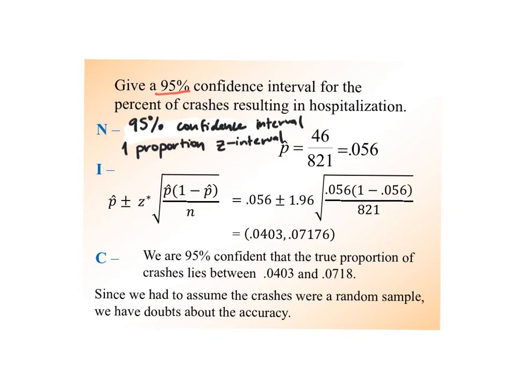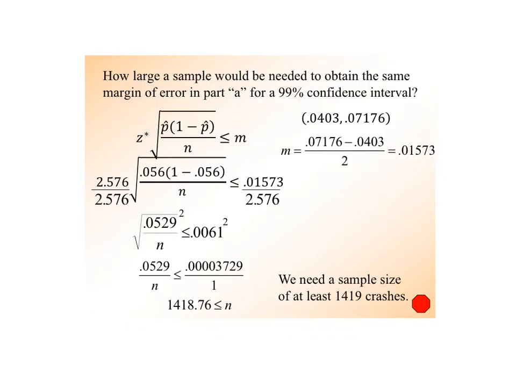And then the last thing I want to discuss is part B of number 1, which is, again, quite similar to the last lesson. It's asking for how large of a sample would be needed to obtain the same margin of error as in part A for a 99% confidence interval.